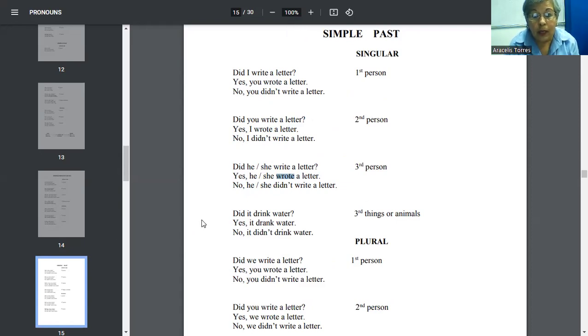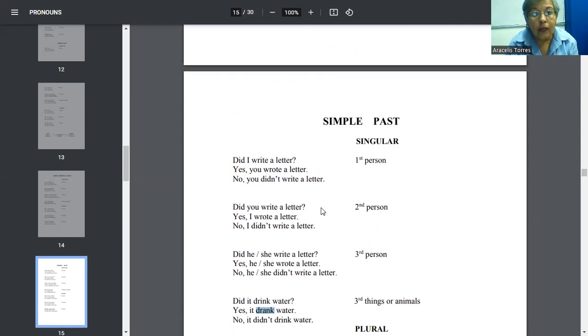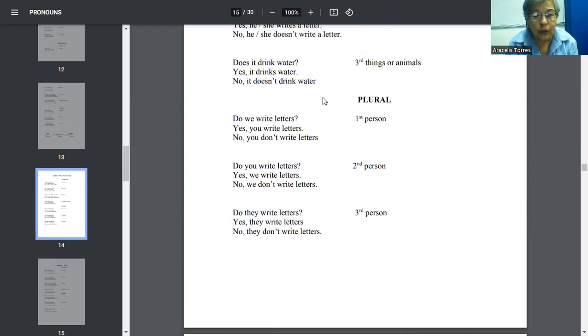It, for example, is only for animals and things, and it uses the same verb. The verb doesn't tell who's talking, so you have to pay attention to that. Don't try to translate it. Write in English directly. Think in English, and it's going to be better for you.